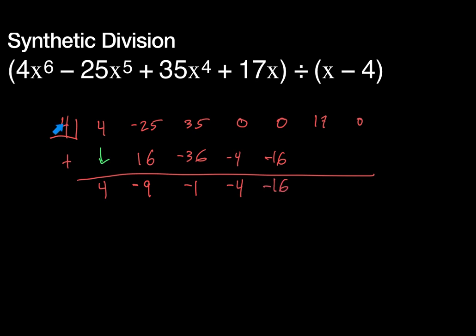Then I do 4 times negative 16, which will be negative 64. And then I add them up. And that is negative 47.